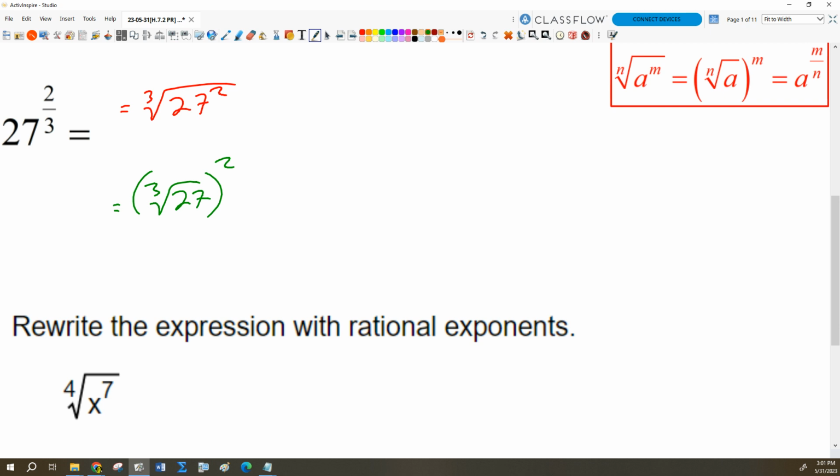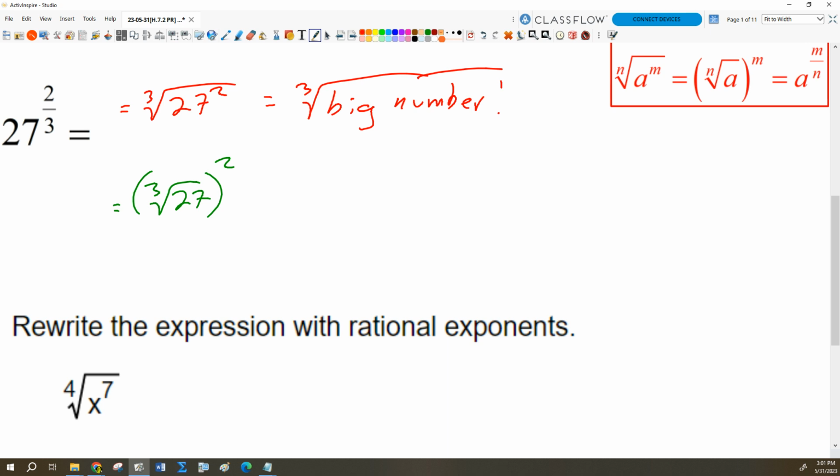If I want to take that route, I've got a cube root of some really big number, which is doubly problematic because A, I've got to figure out what 27 squared is, which we don't just immediately know, and then I've got to take a cube root of that very big number.